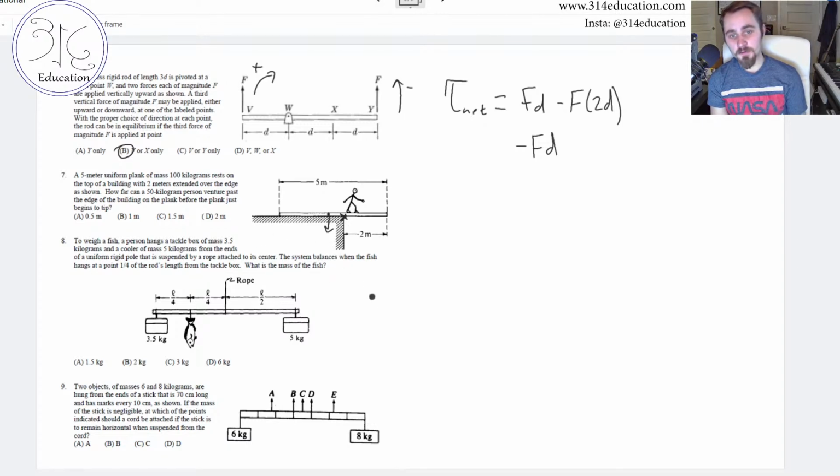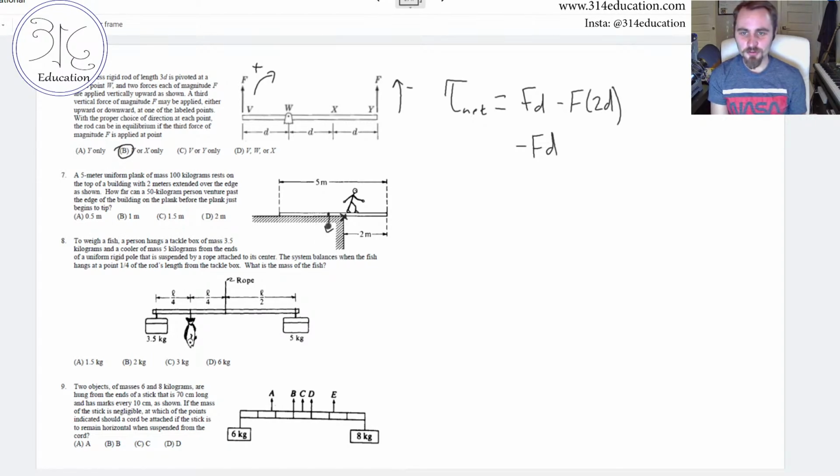How far can a 50-kilogram person venture past the edge of the building on the plank before the plank just begins to tip? Now we can actually use a shortcut here, because his mass is half of the mass of the plank.